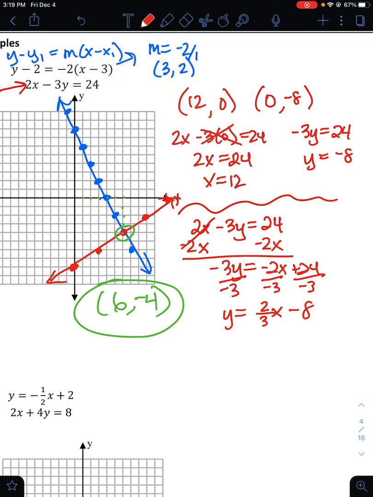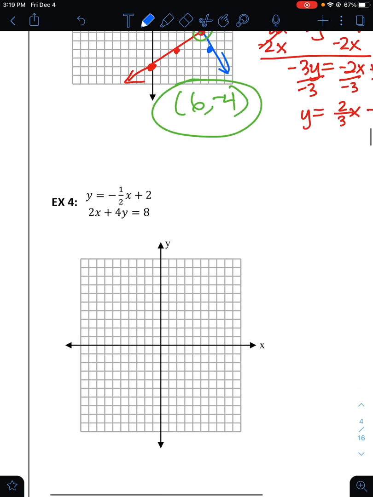Okay, last one. Put my blue back here. All right, slope-intercept form. I have my m and my b. So I'm at 2, and then down 1 over 2, down 1 over 2, and then I'll go back, up 1 over 2. Okay.